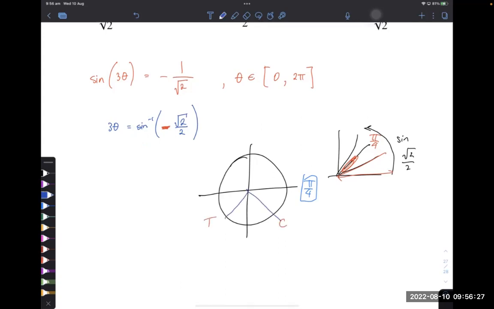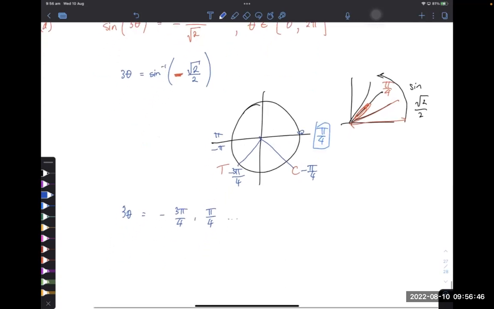So I've got these two as my solutions. If I go from negative pi to pi, it's going to be negative 3 pi on 4 and negative pi on 4. So 3 theta is going to equal negative 3 pi on 4 and negative pi on 4 as my 2 base solutions.